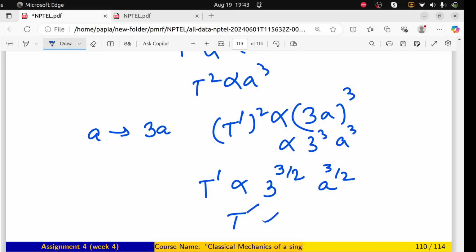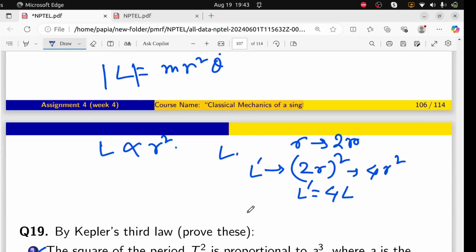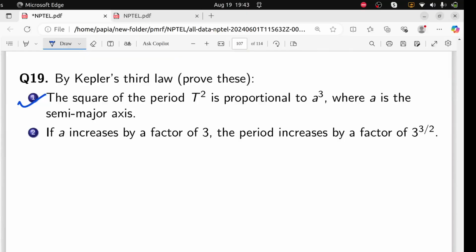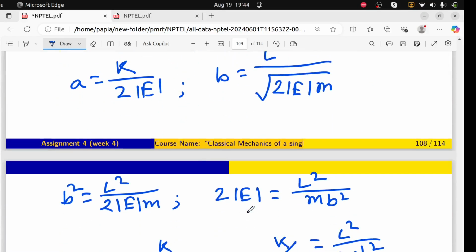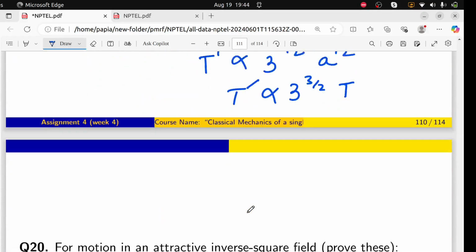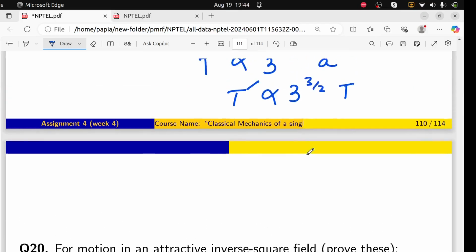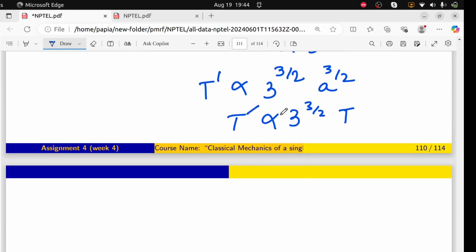So T prime will be 3 to the power 3 by 2 into T. That's what is mentioned here as well. If A increases by a factor of 3, the period increases by a factor of 3 to the power 3 by 2. Yes, 3 to the power 3 by 2.